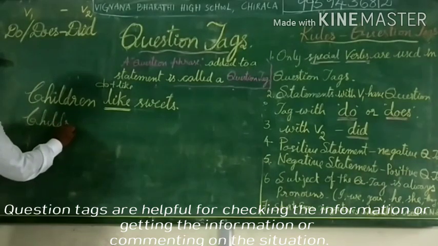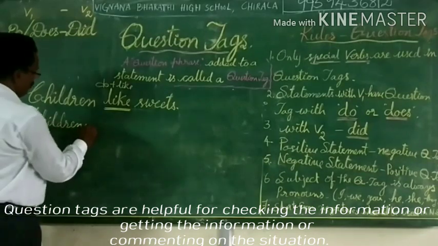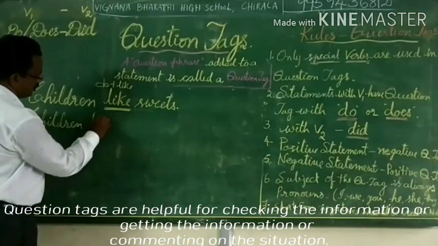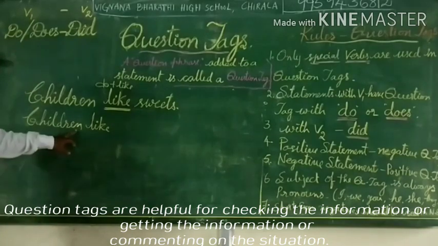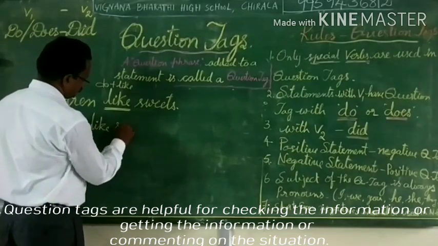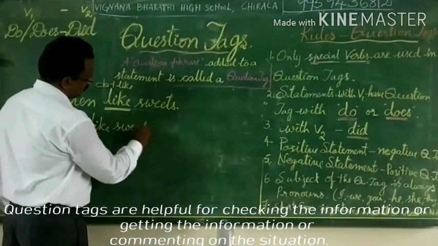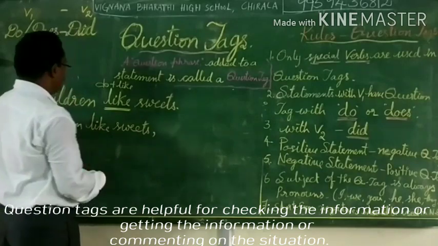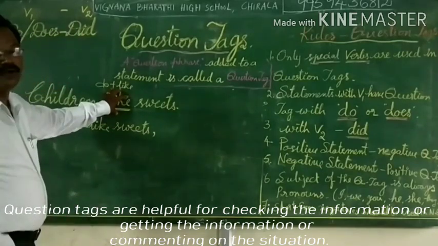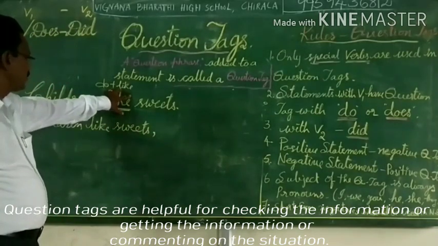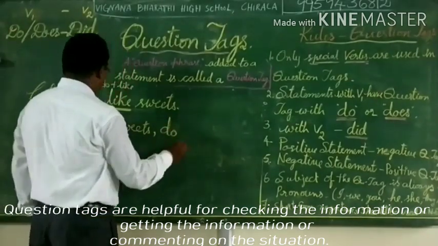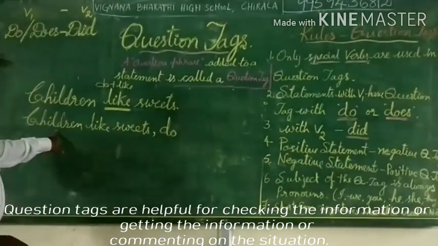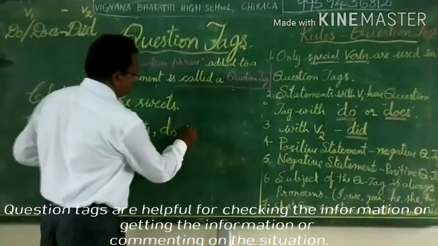Children like sweets, comma. Subject-verb agreement: here children is plural, so we get the do form. Already it comes under do form, I said. Do like. Do children, that is plural, that is why they.